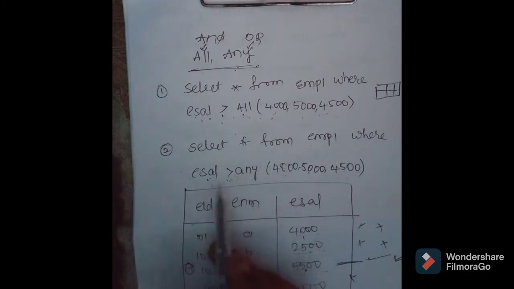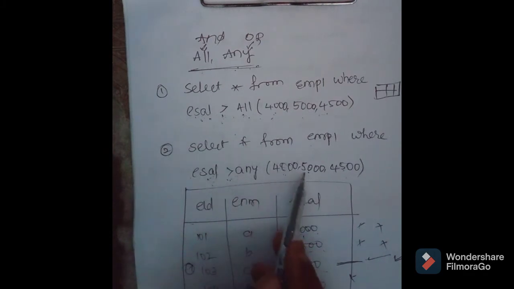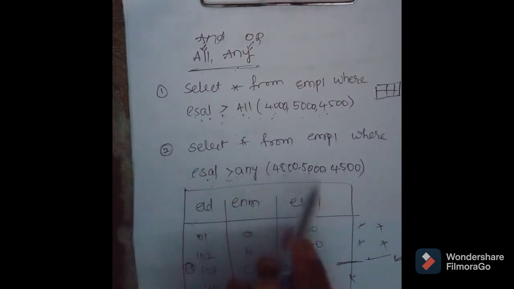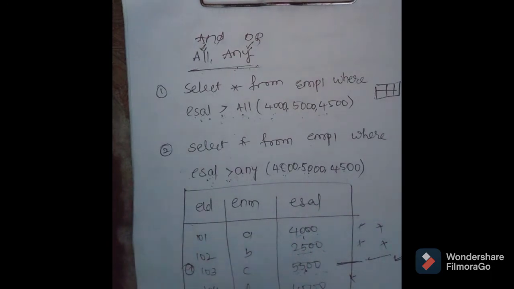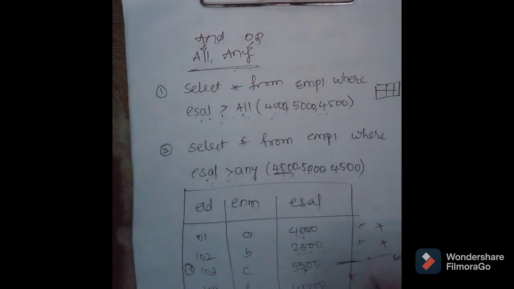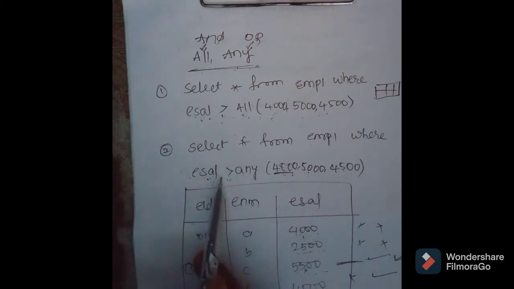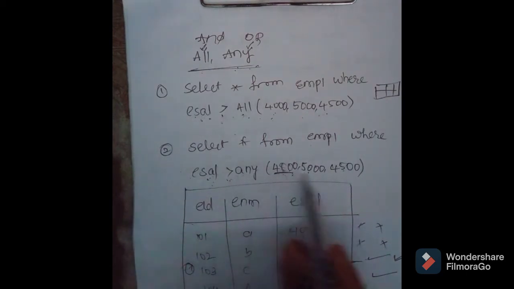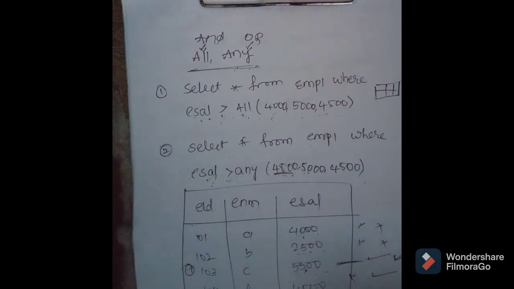Condition satisfied. But 4500 is not greater than 5000. In any case, if any one of the values is satisfied, the row will be in the result set. So this also will be presented in the result set. Next we have 6000. Is 6000 greater than any of these values? Yes, it is greater than all three values. So this also will be output.